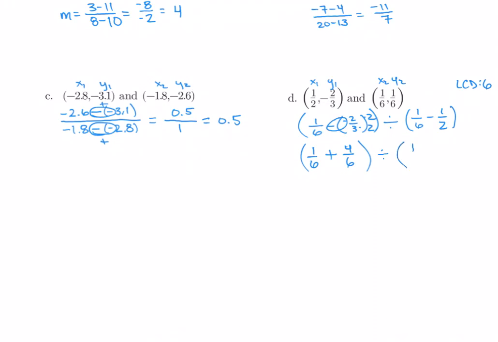The second one, 1/6, stays the same, and we get minus; this one we multiply by 3, so we get minus 3/6. All right, if we simplify, 1 plus 4 is 5/6, divided by 1 minus 3, which is negative 2/6. I'm not going to simplify; I'm going to do my division step next.